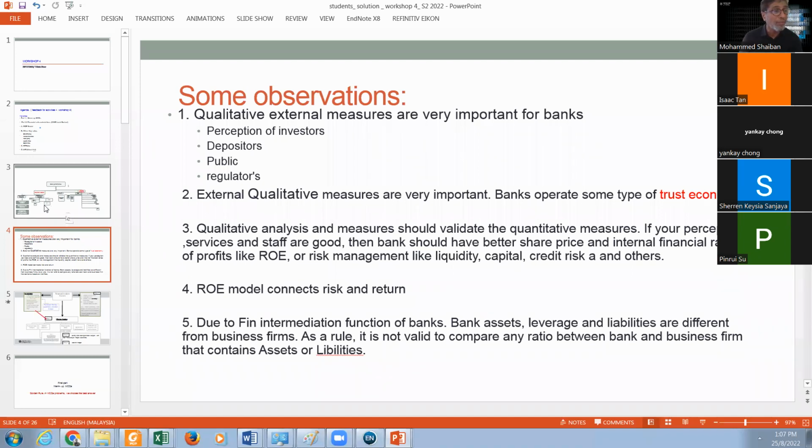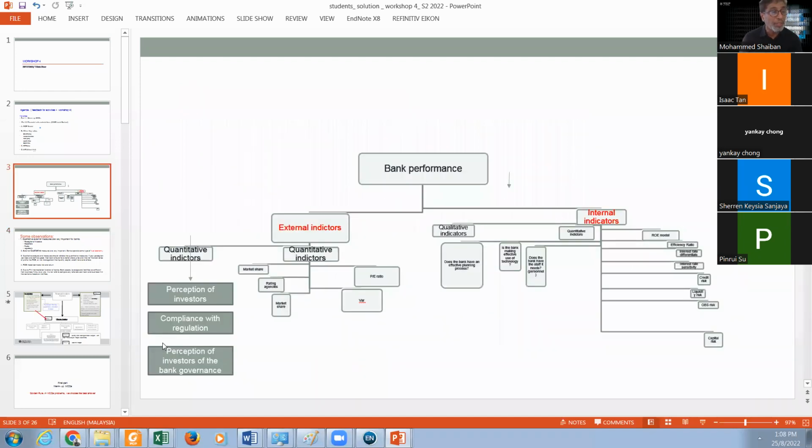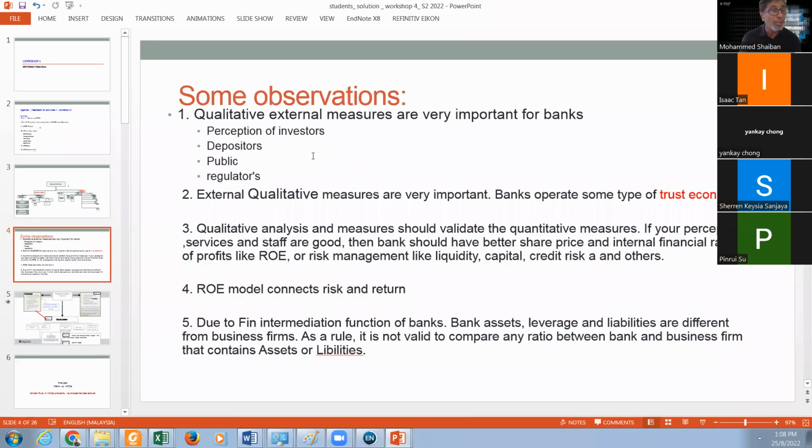When we talk about qualitative external measures, which are the perceptions of the public, these include our contributions, for example, to the environment, and whether we are providing loans to those companies and individuals who are hurting the economy, whether we are participating in environmental and social issues. All those issues are very important to bring a good perception.